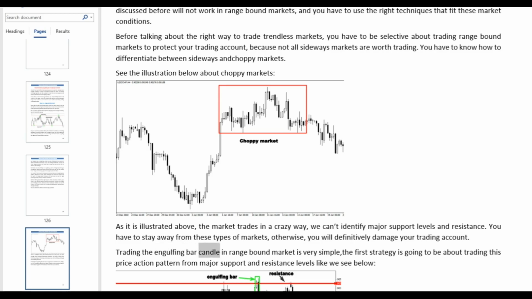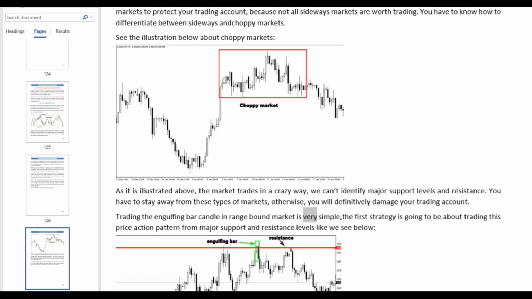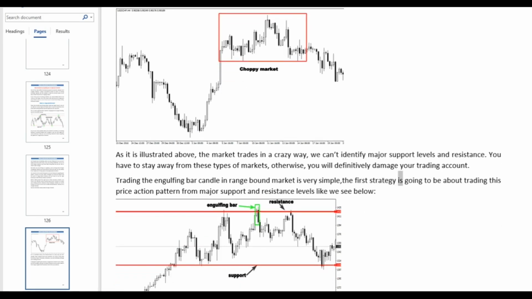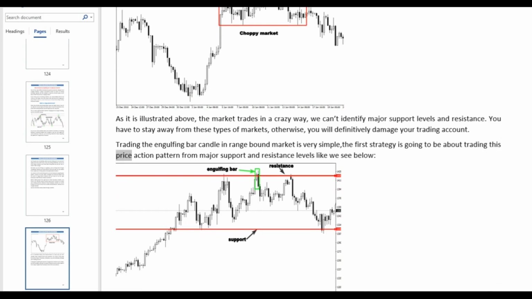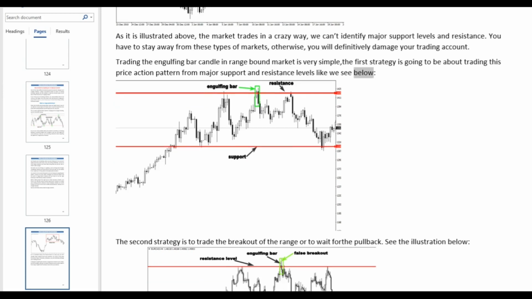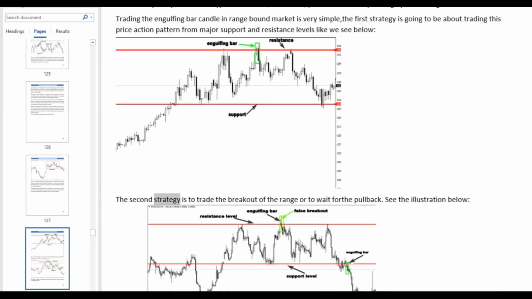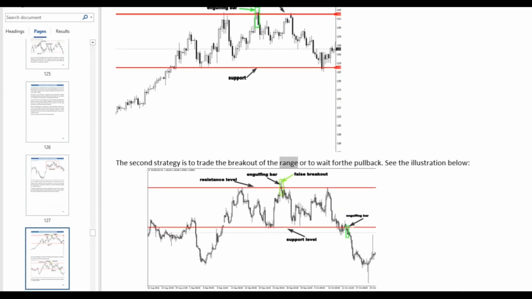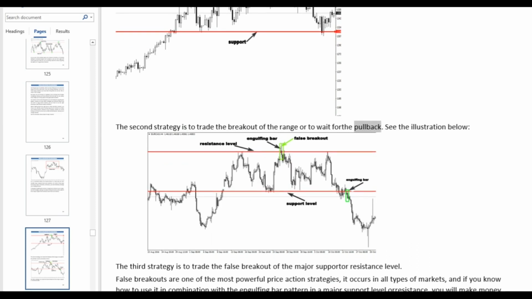Trading the engulfing bar candle in a range-bound market is very simple. The first strategy is going to be about trading this price action pattern from major support and resistance levels, like we see below. The second strategy is to trade the breakout of the range or to wait for the pullback. See the illustration below.